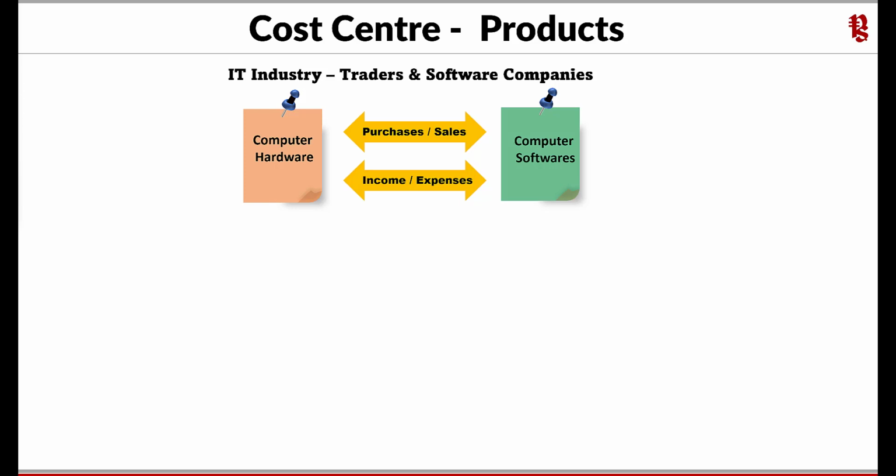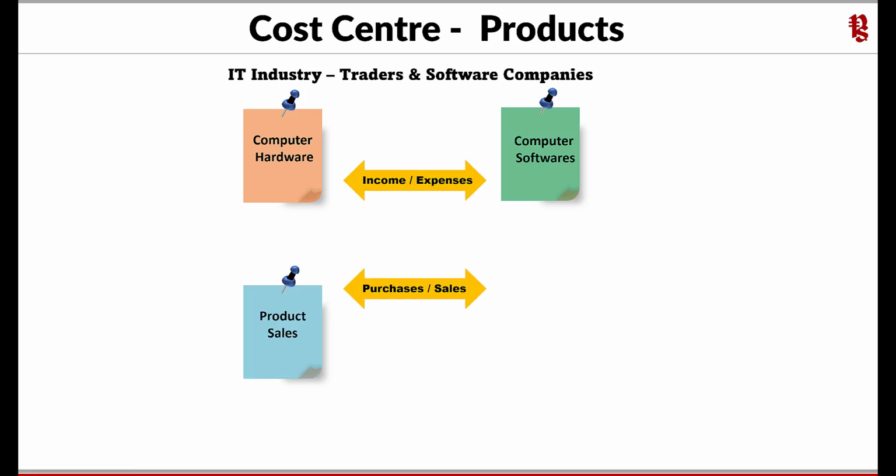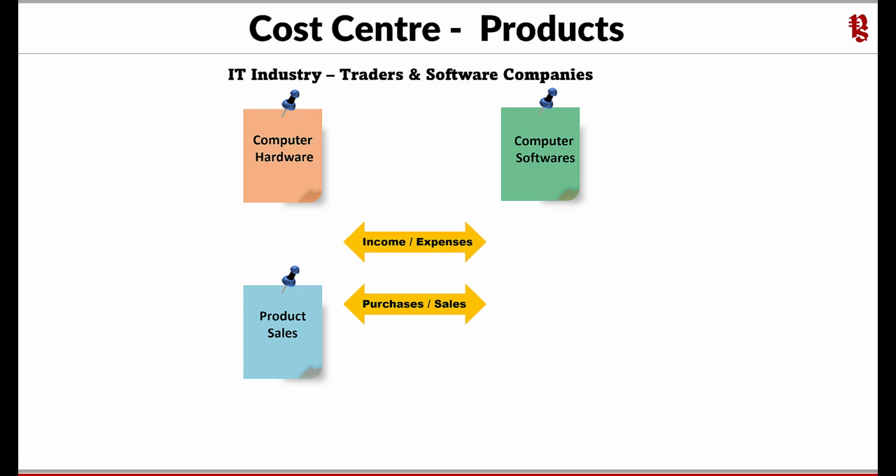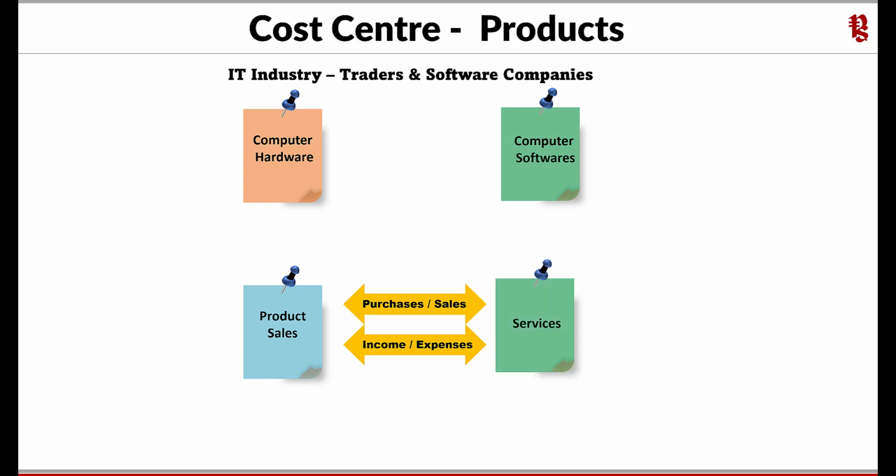Another example of product we can see here, from a software company's perspective, is product sale. Here again, the purchases and sales are tracked, along with income and expenditure for product sale, and also another line of business, which is providing services.